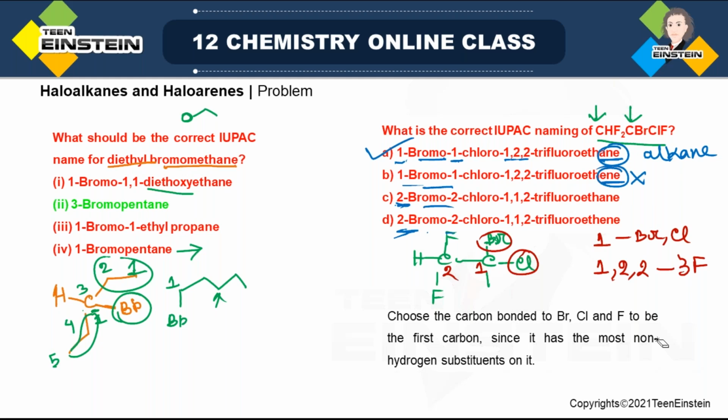We are discussing it in this chapter because it is all about haloalkanes and haloarenes, but this rule is also applicable if you have any other substituent. Choose as the first carbon the one where the maximum substituents are present, because our purpose is always to give the substituents as small numbers as possible. Okay.